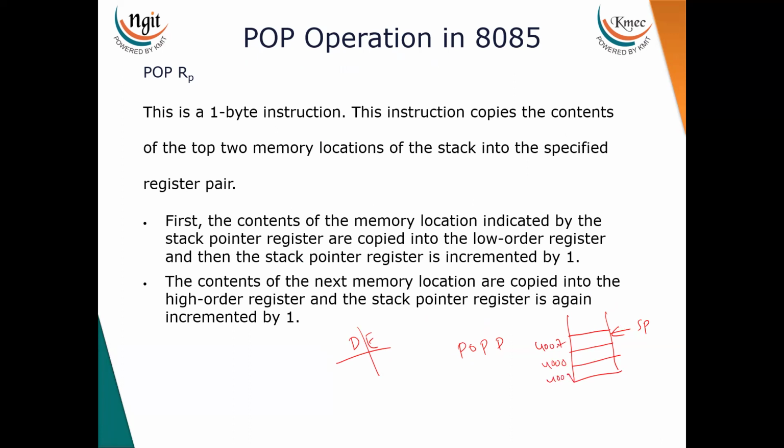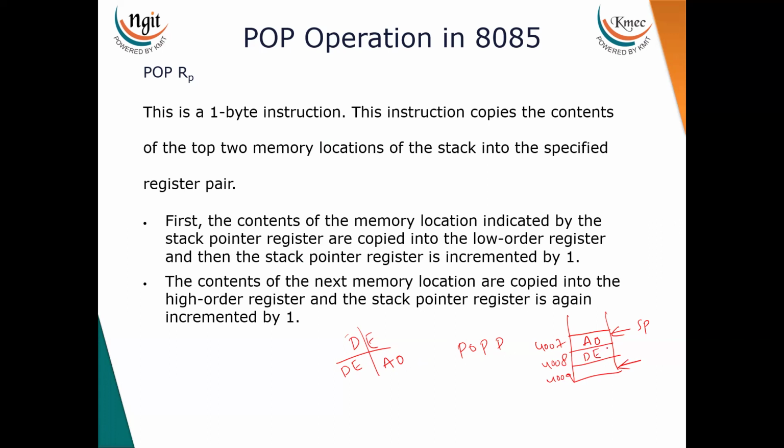If the stack pointer is pointing to 4007, whatever data is there is moved into the lower register first, and SP is incremented by 1, and the next memory location value is moved into the higher register, and again it is incremented by one more time and points to the next location. Now this is about the pop instruction.